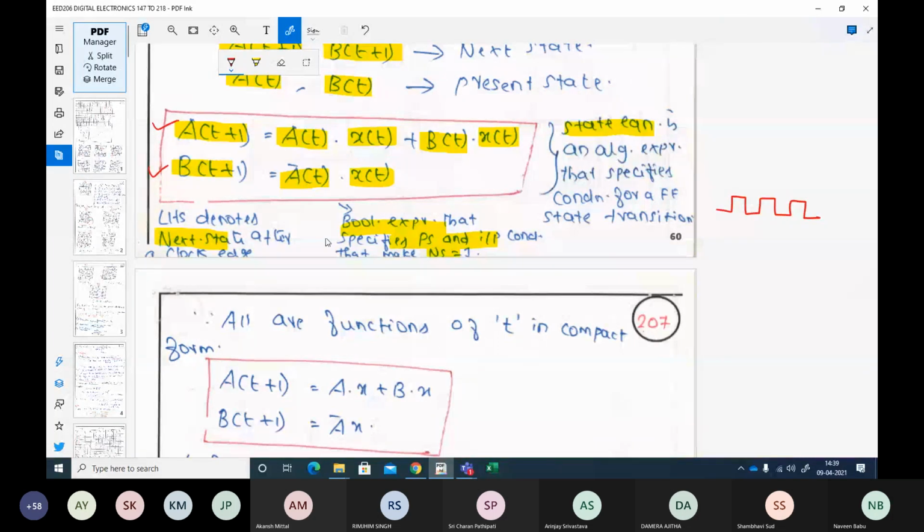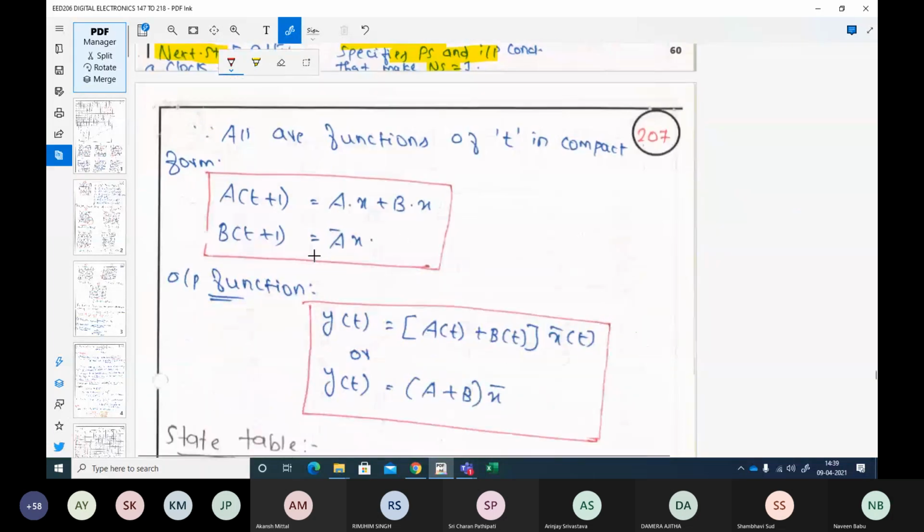So instead of writing like this, in a compact form we can write our next state in terms of the present state just as A x plus B x, and for the other, A bar x. So this is for the outputs of the D flip-flops.